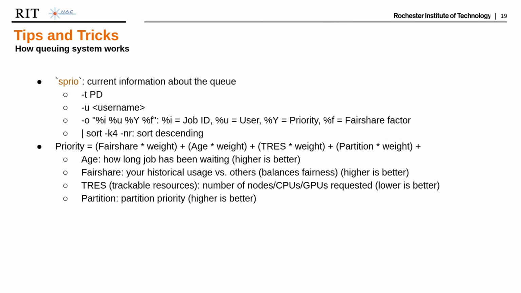If you're requesting fewer GPUs, CPUs, or nodes, the trackable resource is lower, and lower is better. A job with fewer CPUs, nodes, and GPUs will get to run sooner. The fourth one is partition. There are different rankings in partition priority. For example, a partition name can be tier 1, tier 2, tier 3, and so on. And the partition with higher tier will be run sooner.